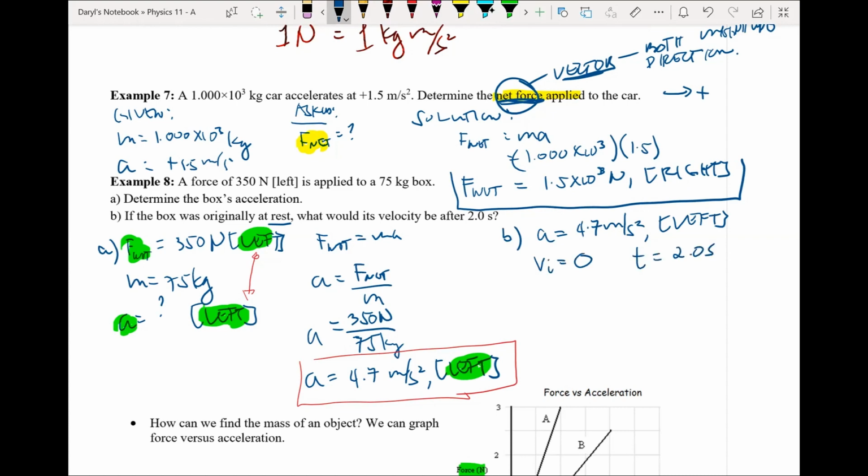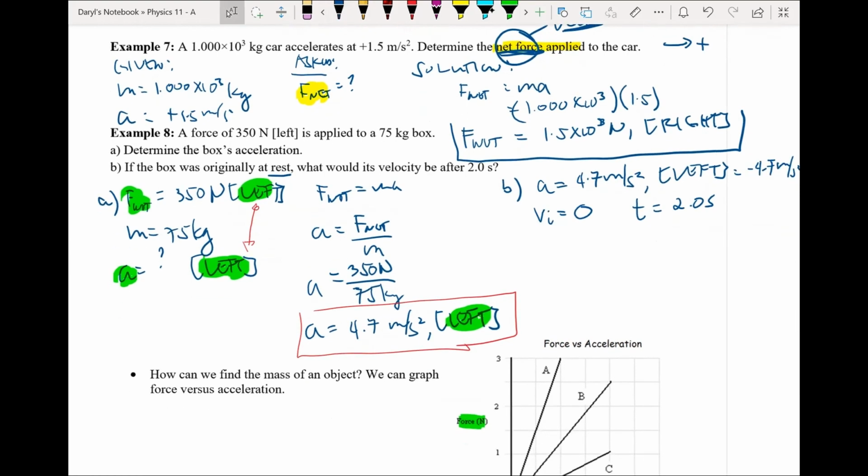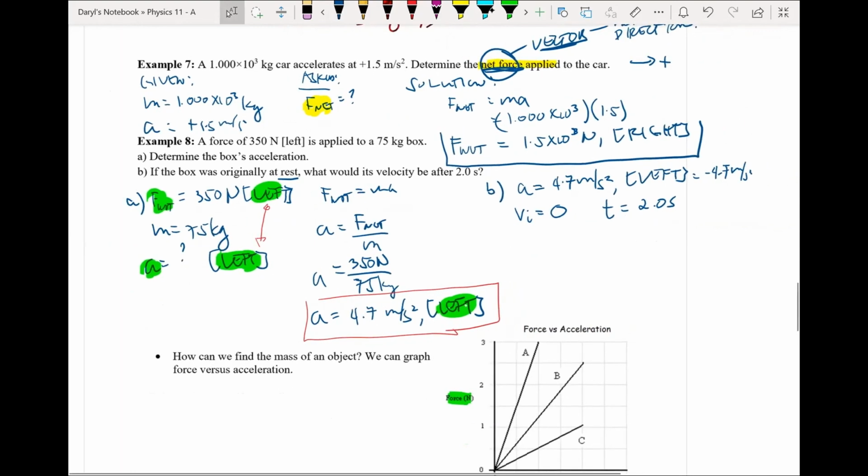In this case, you can express this one as negative 4.7 meters per second squared. So to solve, remember the equations we use in kinematics would be applicable here because this acceleration is constant. One of the equations would be v is equal to vi plus at.